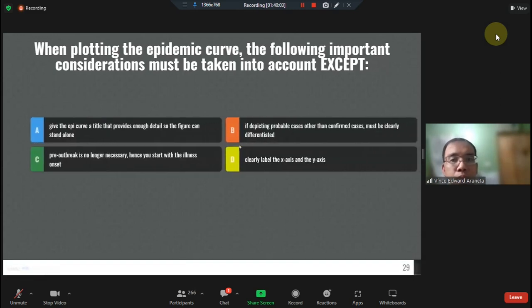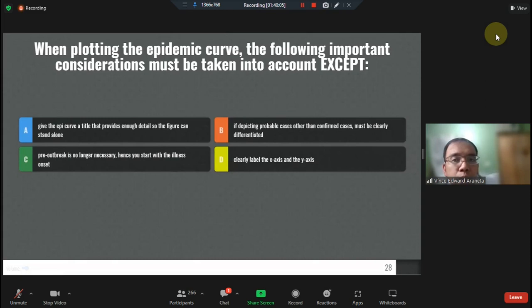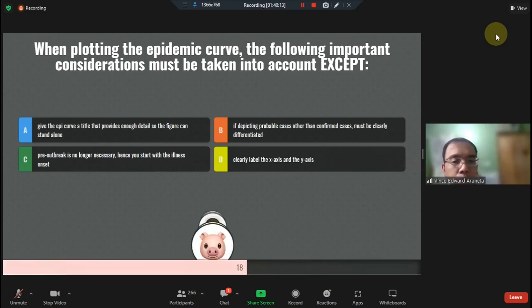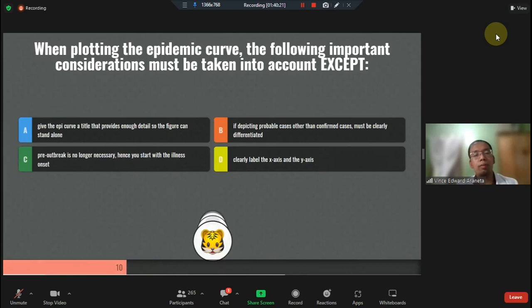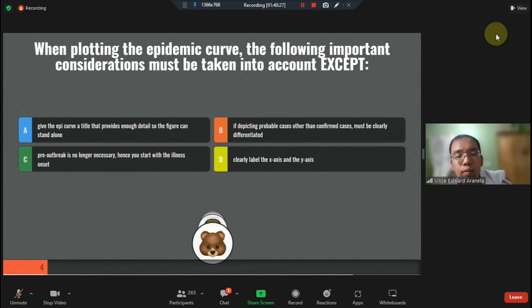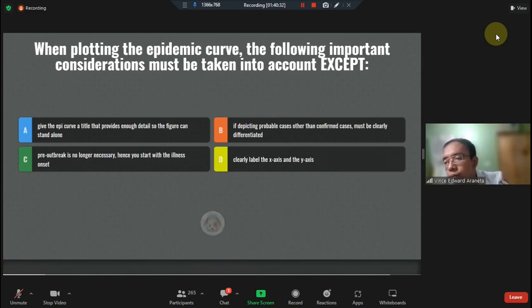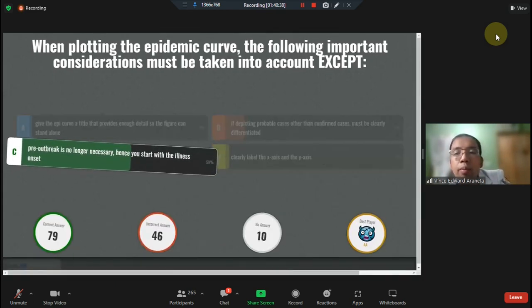When plotting the epidemic curve, the following important considerations must be taken into account, except. Just read the choices. Others might be still questions with except, not.